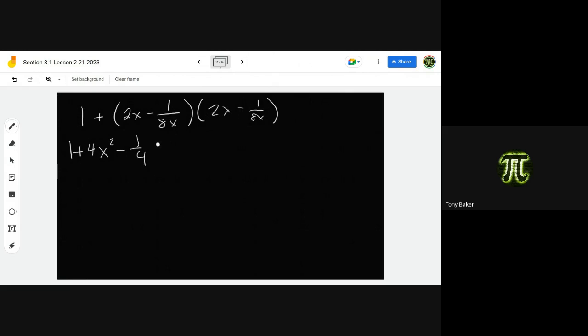Negative 1 over 8x times 2x is going to be another negative 1/4. And negative 1 over 8x times negative 1 over 8x is positive 1 over 64x squared. So I have 4x squared plus 1/2 plus 1 over 64x squared.